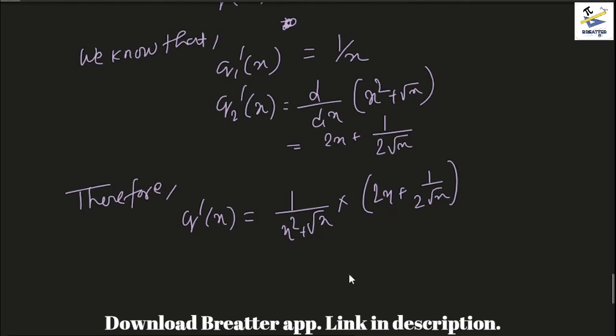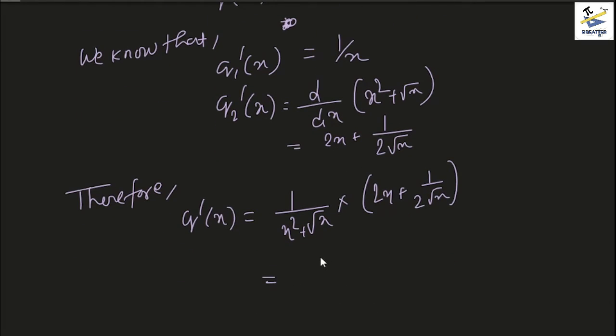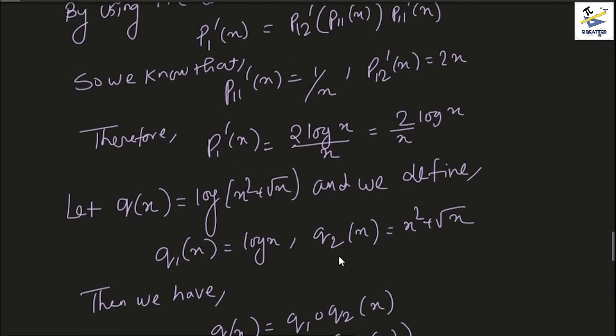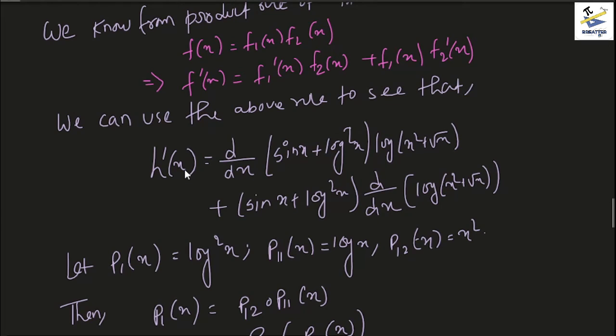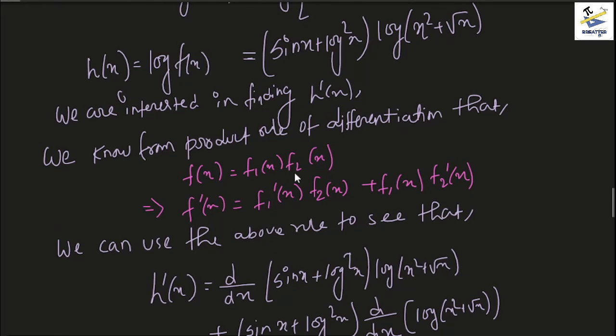Once we simplify this, what we get is something like this: 4x to the power 3 by 2 plus 1 by 2 root x, whole into x square plus root x. This is the derivative for q(x). So once we have completed our q(x) and our p1(x), we can find out the derivative for h prime x now, which is not really that hard. So what we can do is this.